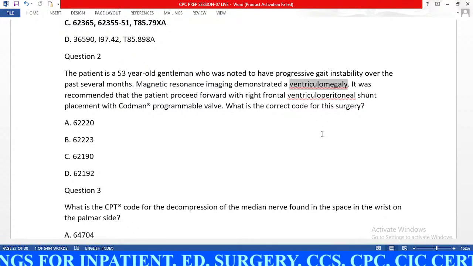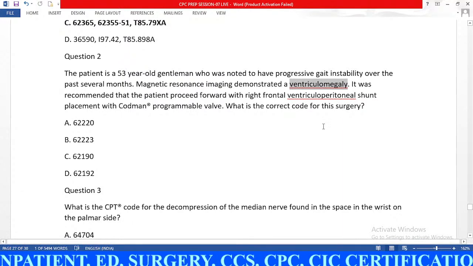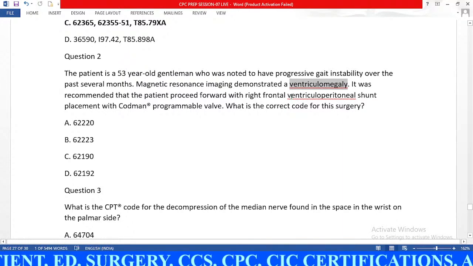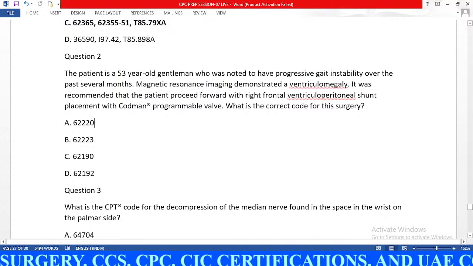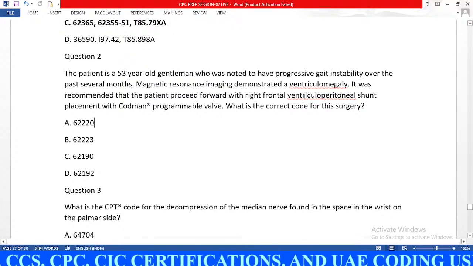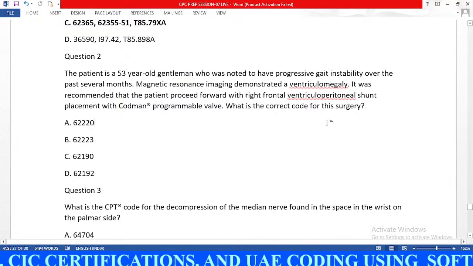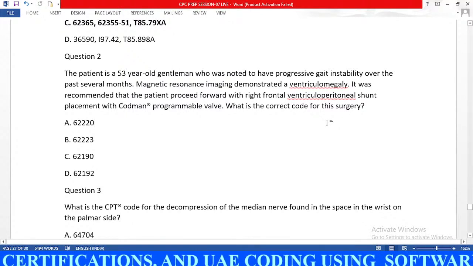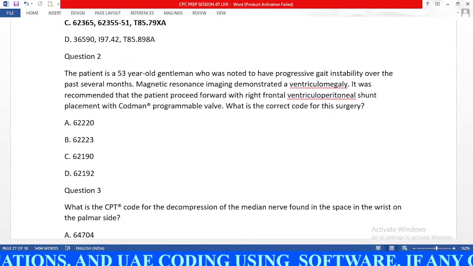That shunt will drain the fluid into the peritoneal area. So the starting point is the ventricle and the ending point is the peritoneal cavity. So we call it a ventriculoperitoneal shunt. Here the physician has inserted a ventriculoperitoneal shunt. We can check 62190.